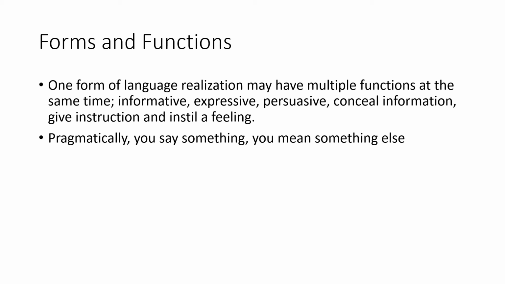So the first function of the sentence, this room is rather hot, is to explain, to tell students about the temperature of the classroom. But the second function could be a command. It could be a request. I request students to turn on the air conditioner or open the window to make the temperature getting cold. So that is what we call one form of language realization may have multiple functions.